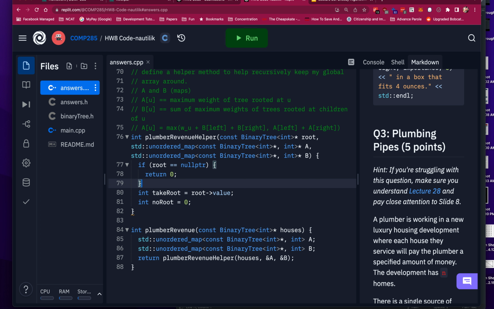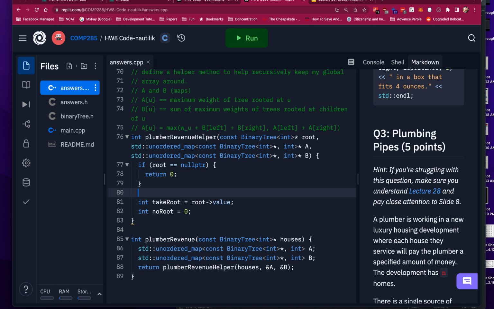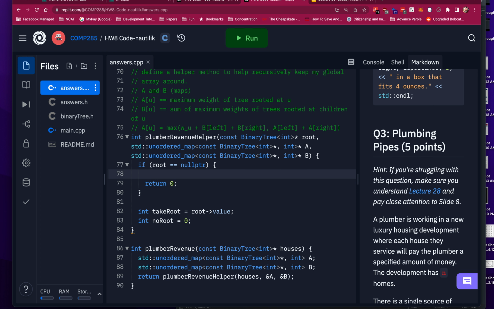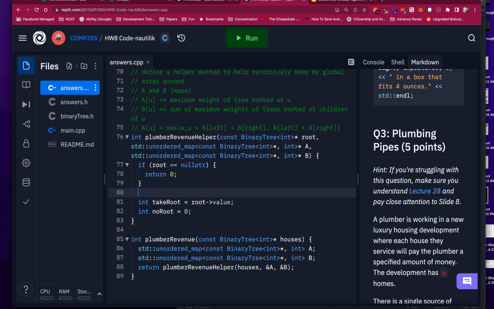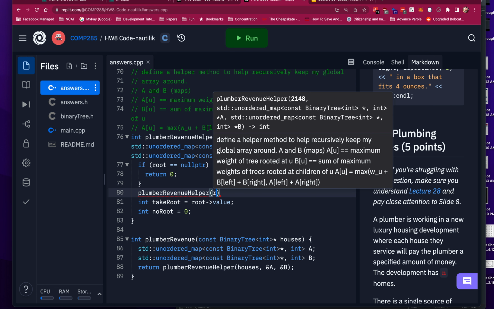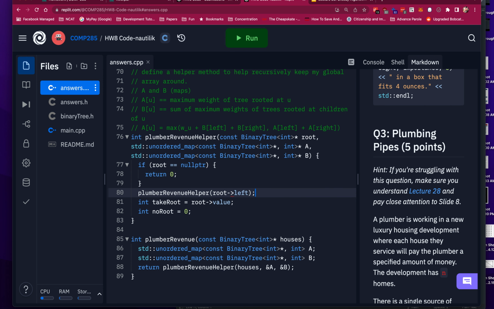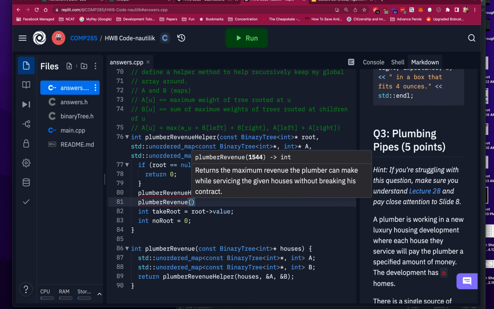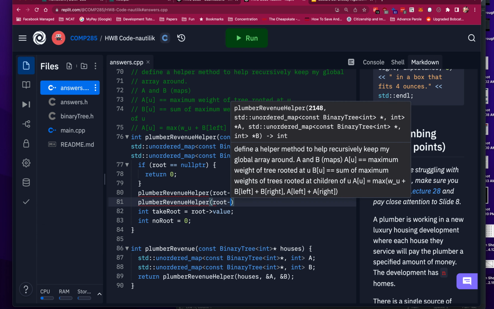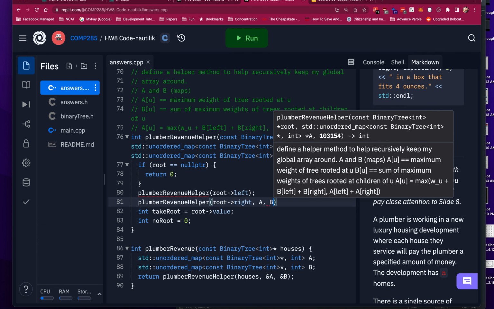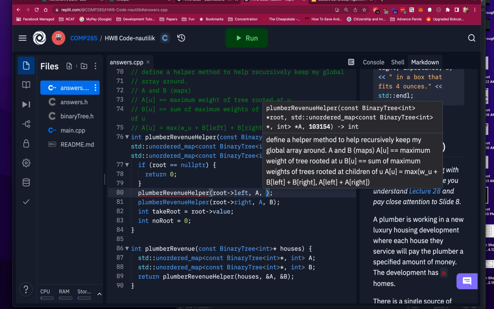Okay, so what I'm going to do is call myself recursively on my left and right children. So you're going to call plumber revenue helper on root left and plumber revenue helper on root right with A, B. So you pass in the same pointers.